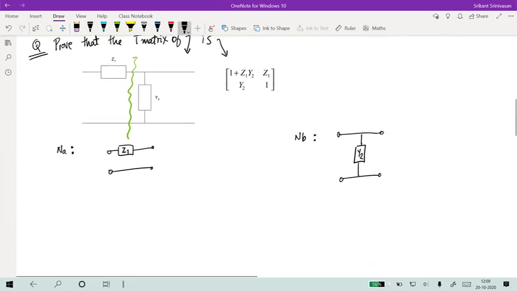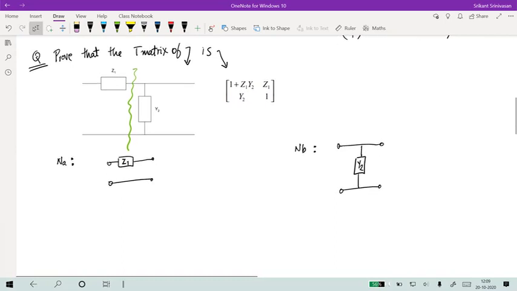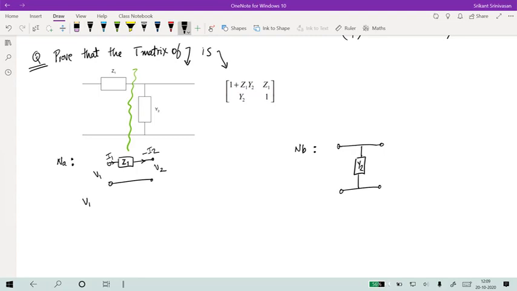So what happens in the case of network A? In network A, what you can write is that if there is a V1, V2, I1 and minus I2, then the relationship is the voltage at port 1, V1, is equal to V2 minus I2 into Z1.